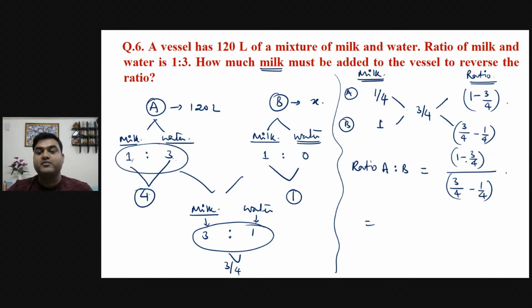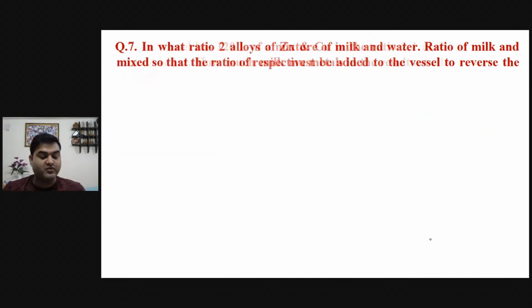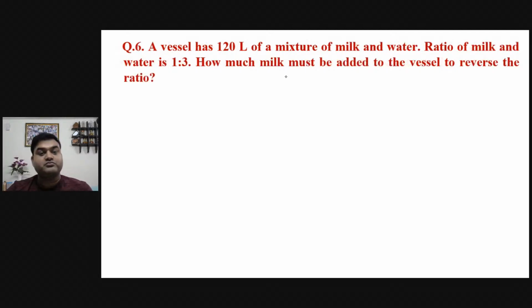If you take LCM, 1 becomes 4 by 4. So 1 by 4 divided by 3 by 4 minus, taking LCM 4, 3 minus 1 is 2, so 2 by 4. The 4 gets cancelled. The ratio will be 1 by 2. Got it? 1 by 2 will be the ratio.